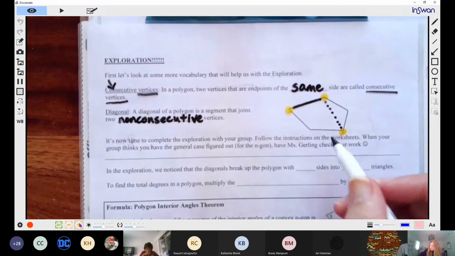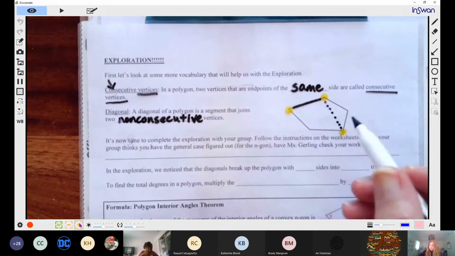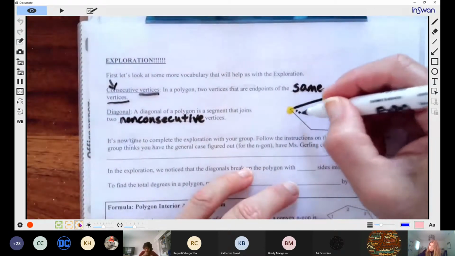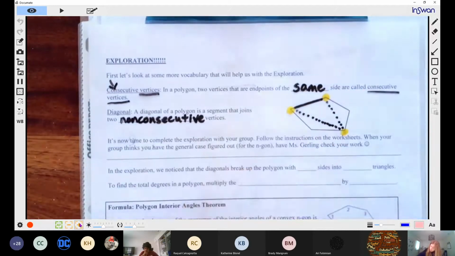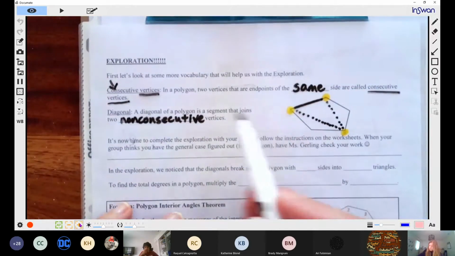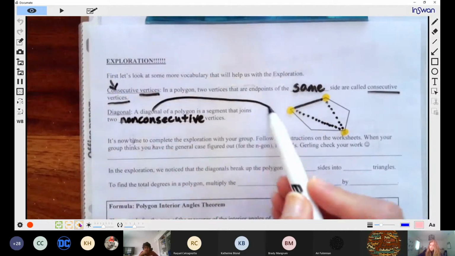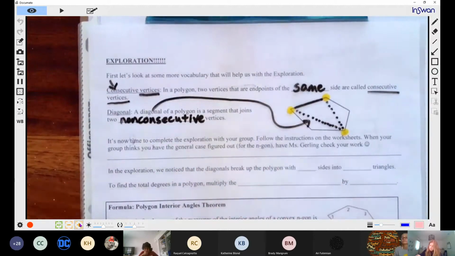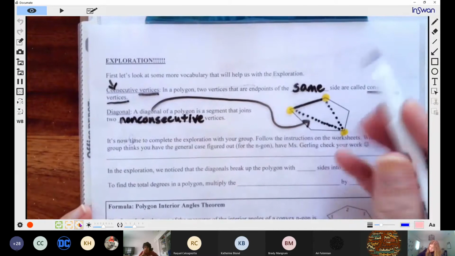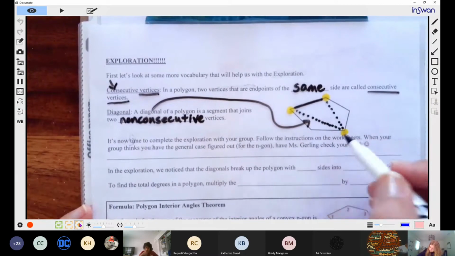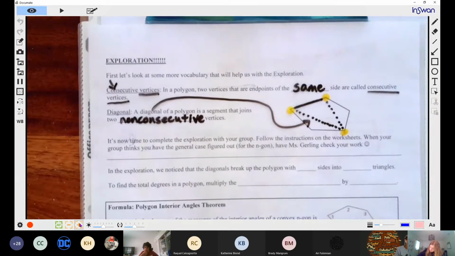So this is a diagonal, or for instance, this is a diagonal. Those are diagonals. Consecutive, non-consecutive, diagonals.